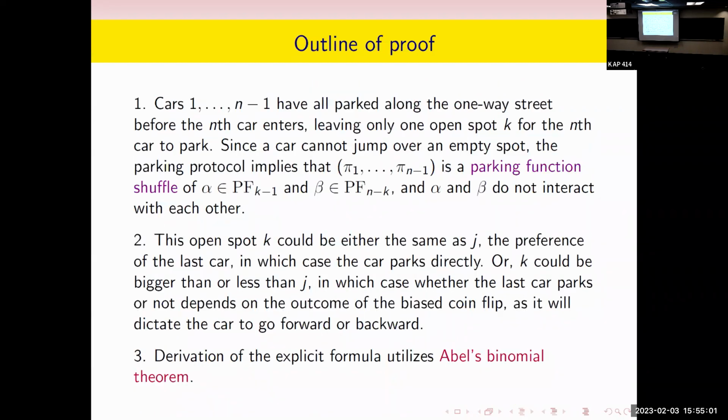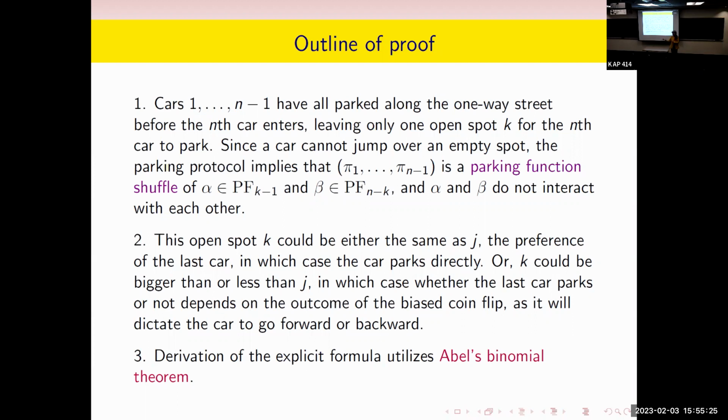All right, so I will also give an outline proof. So I will present an outline of proof for every result here, but maybe they're really just outlines. So actually for this one, it's not too difficult. The idea is that when the nth car enters, you know that cars 1 through n minus 1 have already parked, and it leaves open an empty spot k.